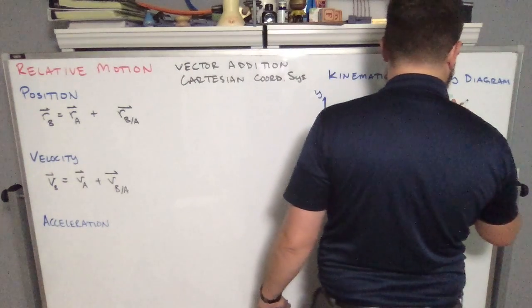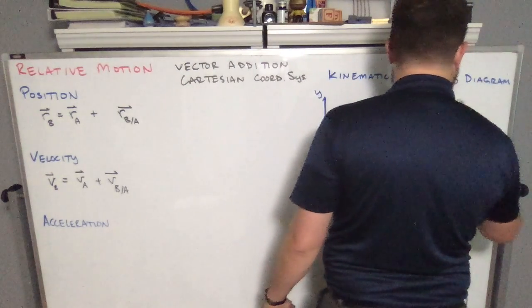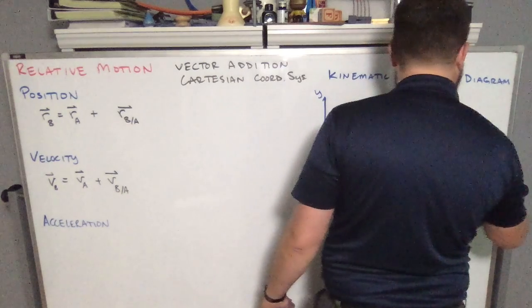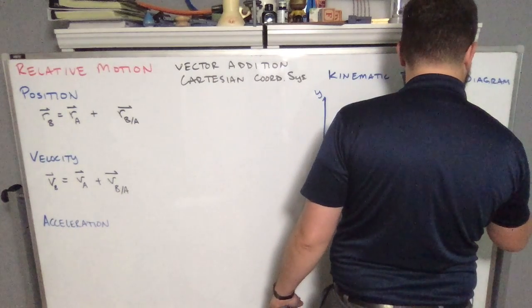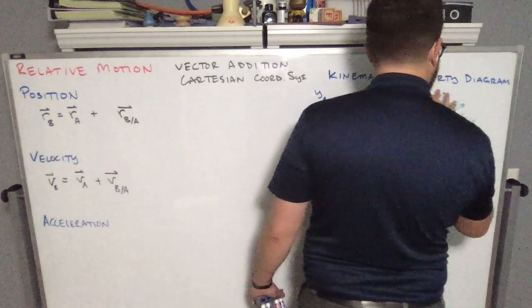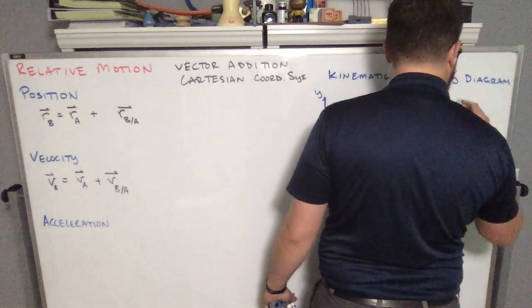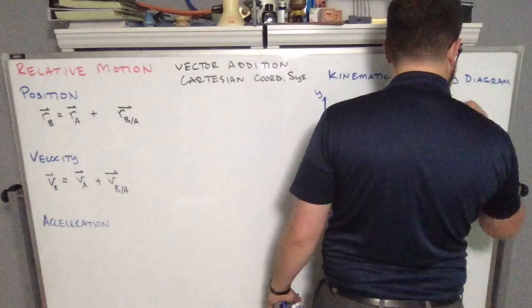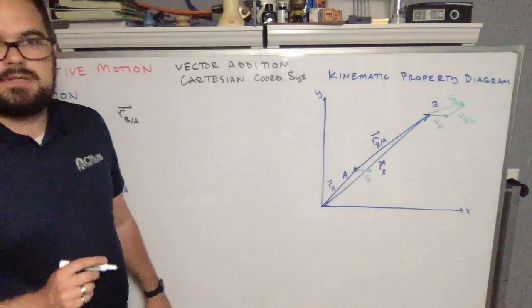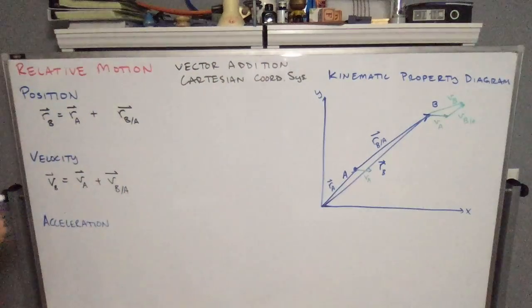And we could do the parallelogram, or we could just do tail to head. So plus velocity of B with respect to A is going to tell us that our overall velocity is like so. So again, it's just vector addition.